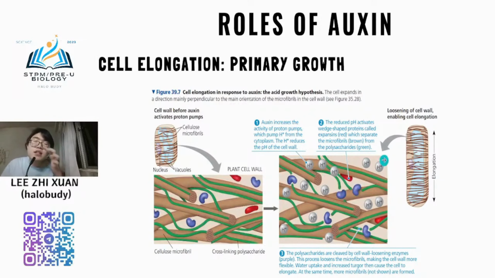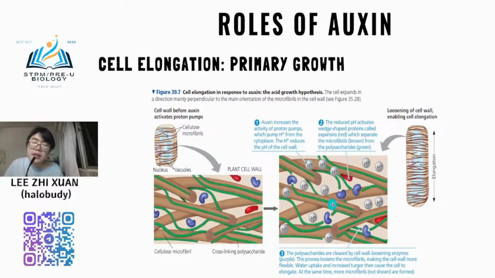But this one is only primary growth, so the structure is not very complicated compared to the woody plant. Normally there are microfibrils which give the shape and protect the plant cell wall. So the microfibrils will be separated from the cellulose molecule.